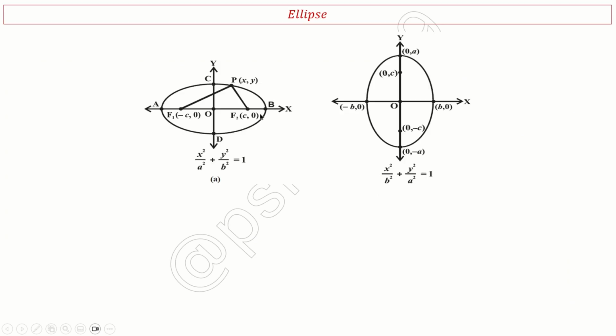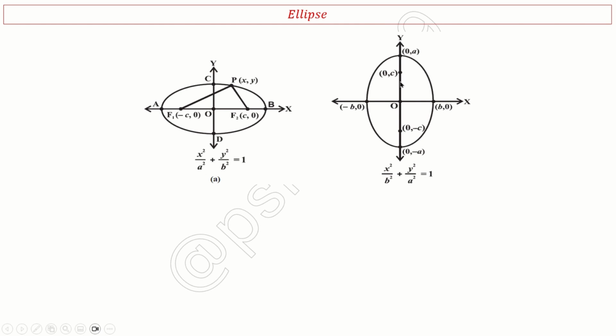Let's see some more ellipse shapes. The major axis can be on the x-axis, then the equation is x square by a square plus y square by b square equal to 1, or the major axis can be on the y-axis. In this case the equation is y square by a square plus x square by b square equal to 1. The only thing to remember is that the vertex points will change.